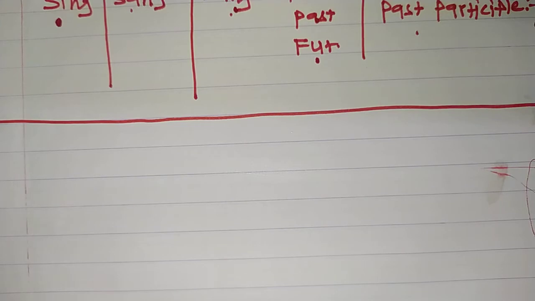Now I will make sentences with all the subjects. Now what are the subjects? All pronouns are subjects. Now what is a pronoun? A pronoun means a word that is used in place of a noun. Now what is a noun? Very simple.